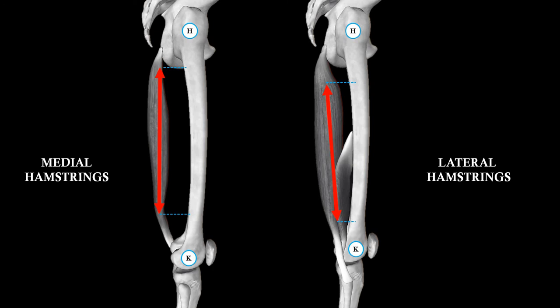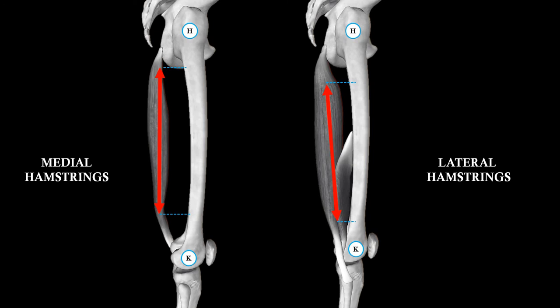The red line represents the direction of pull of force of the muscle in either direction, and the lateral hamstrings are much closer to the axis of rotation of the tibiofemoral joint, whereas there is a far greater distance between the axis of rotation of the acetabular-femoral joint, or the hip.